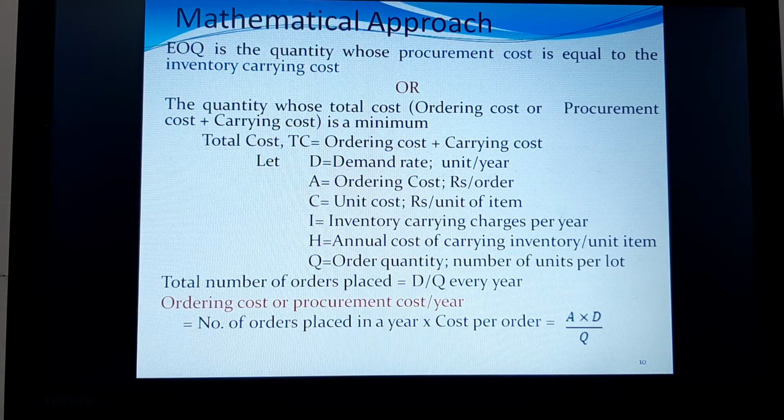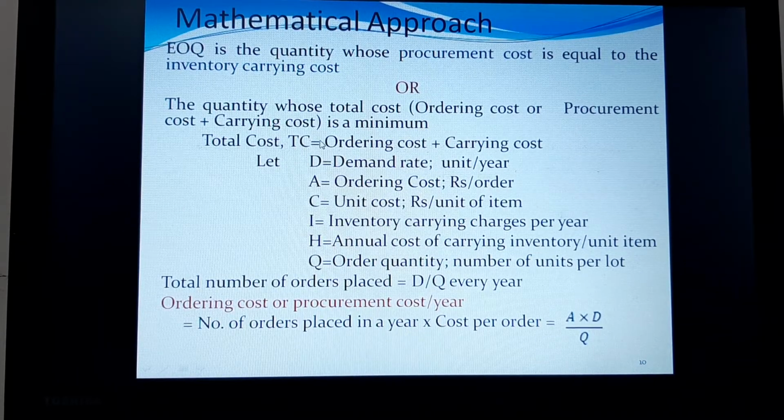We all know that the quantity whose total cost, when you take it, is nothing but the ordering or procurement cost plus the carrying cost, and this entire cost has to be kept minimum. That is what is mentioned here. That quantity is nothing but your economic order quantity.